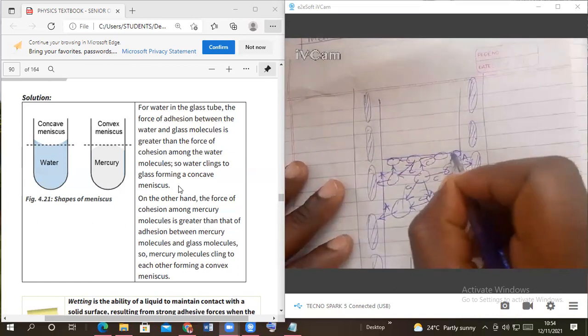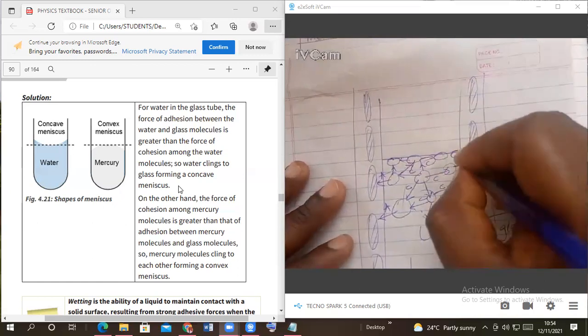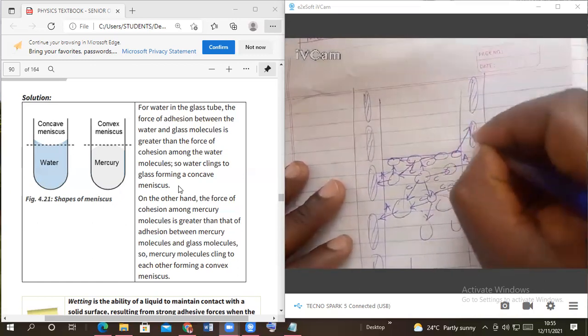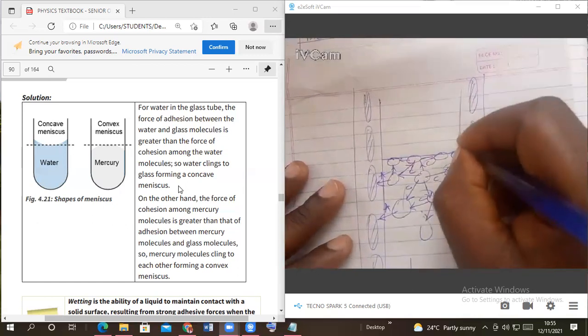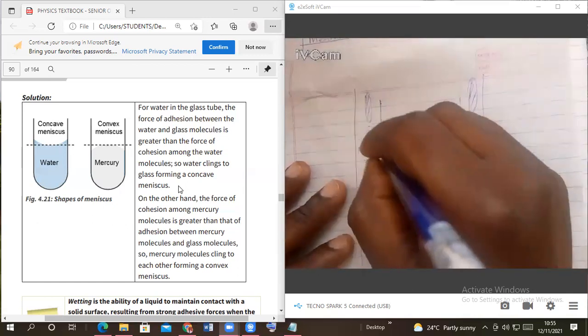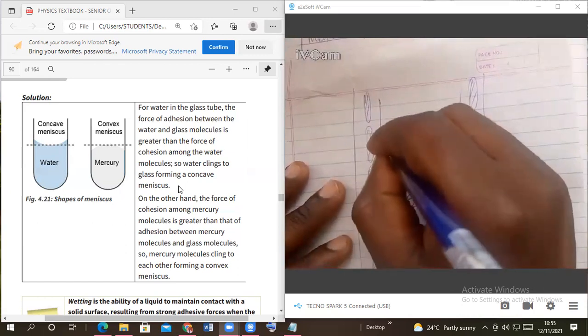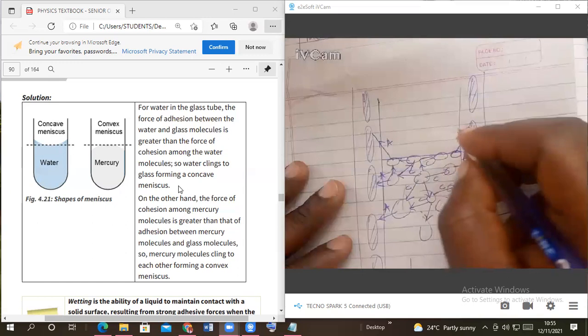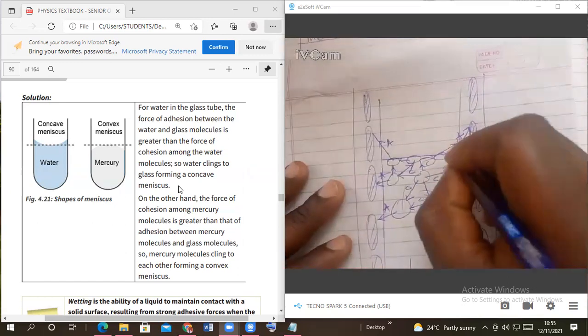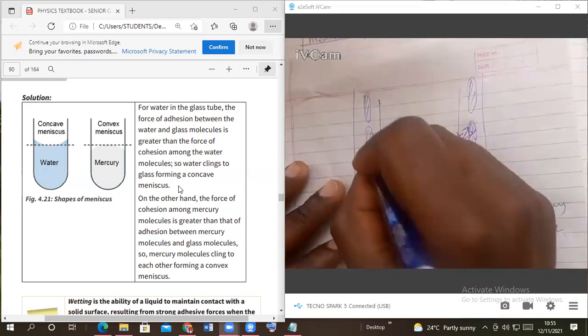So these molecules which are on the surface are going to be attracted to the molecules on the surface of glass by the adhesion forces. In the process, these molecules here are attracted towards the surface of the glass.